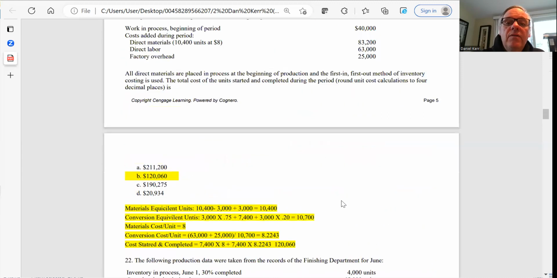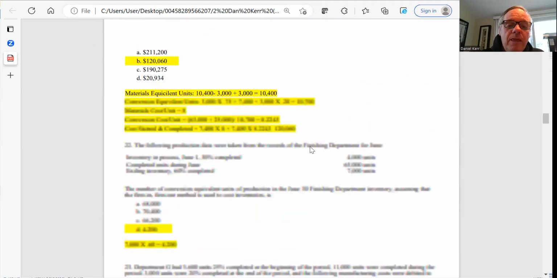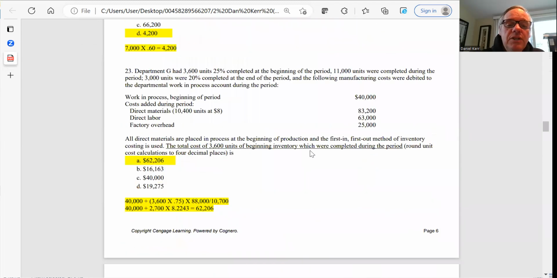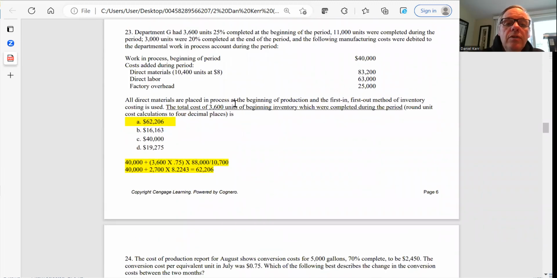Okay, very similar to what we had before. In fact, we got the same problem that we had back in 21. And they ask us to do something different here. They say, the cost of the 3,600 units of beginning inventory, which were completed during the period. So what was the total cost of the inventory at the beginning of the period that was completed?